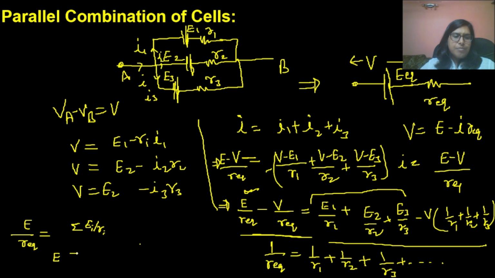So E equivalent is sigma E upon R multiplied by R equivalent, right?